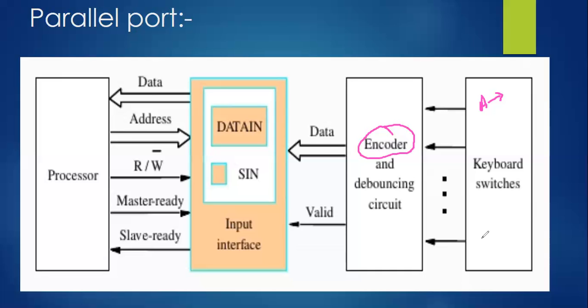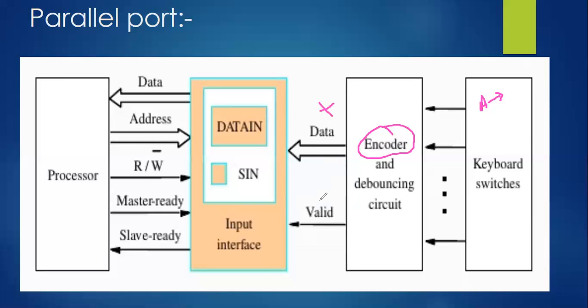Now after pressing a few keys, data will be available to be displayed or stored. So data will be sent to your data in. But meanwhile, observe it: your encoder and debouncing circuit will generate a signal called valid. Remember, if data is transferred along with a no-valid signal, then the data will be rejected.